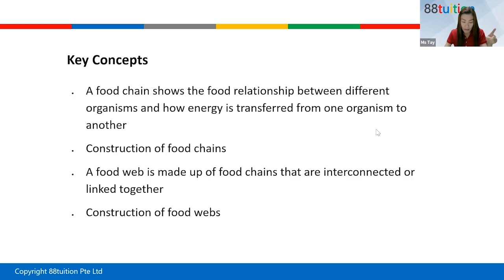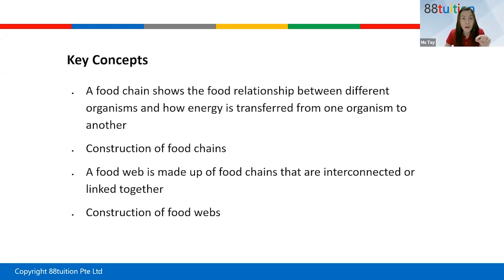So if I go on to the next slide, food chain actually shows food relationship between different organisms and how energy is transferred from one organism to another. You also need to know how to construct the food chains, and you also need to know how to construct the food web. Food webs and food chains are different.